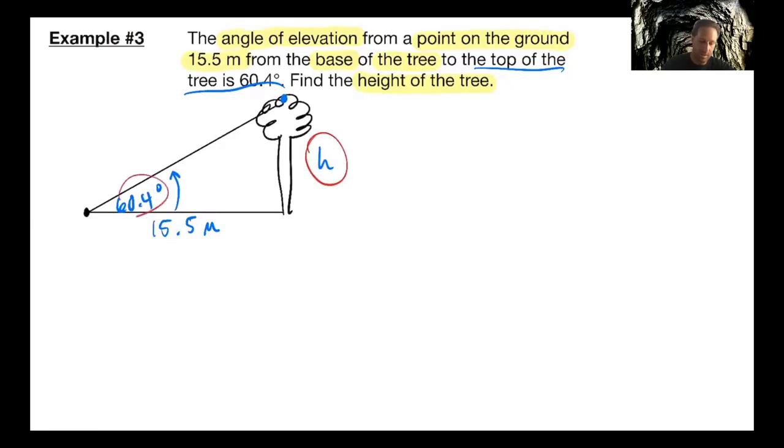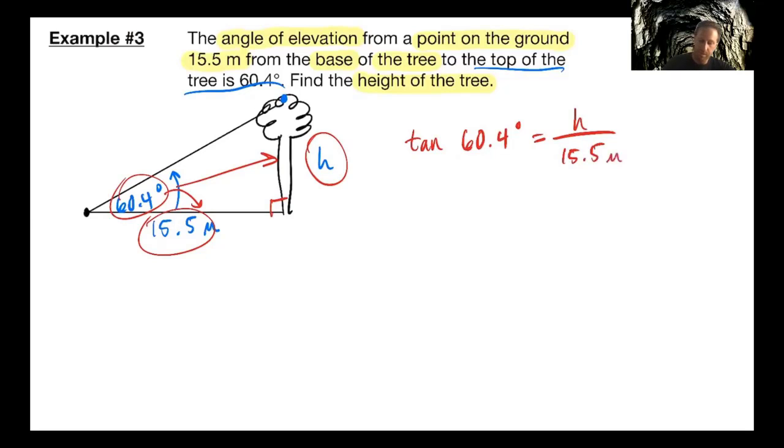So since I know this angle and I want this side and I was given this side, I'm looking at this as a right triangle because most trees do grow straight up and down. There's my triangle, and therefore, since I have the opposite and adjacent sides, I again am going to utilize my tangent function of that angle to equal the opposite over the adjacent.